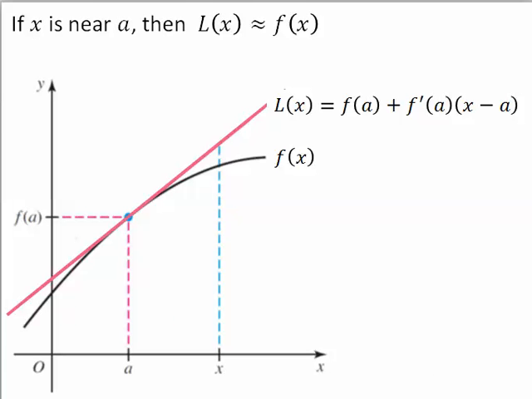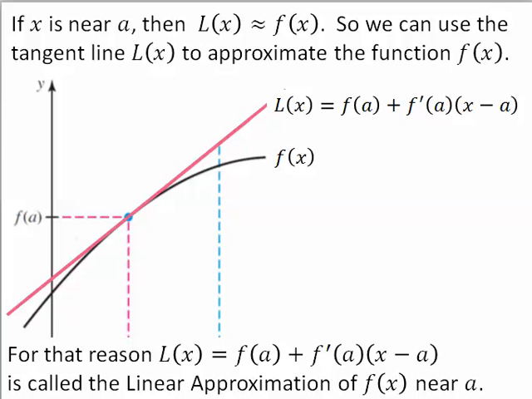Notice by the graph that if x is near a, then the tangent line is approximately equal to the function. For that reason, L of x is called the linear approximation of f of x near a.